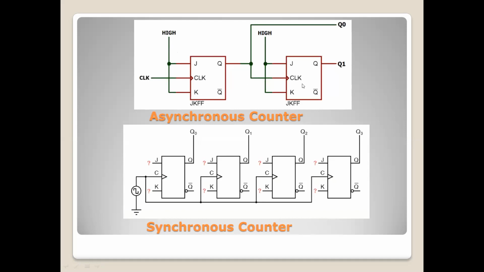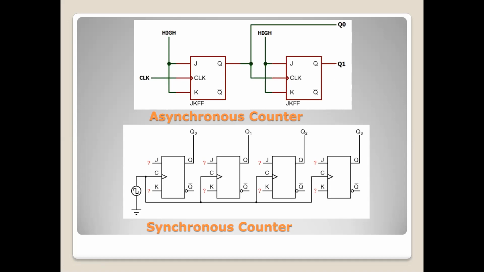The second flip-flop is triggered from the output of the first flip-flop. That is, the first flip-flop output is given to the clock of the second flip-flop. If a third flip-flop is there, the output of the second flip-flop will be given to the clock of the third flip-flop. Like that it goes on.